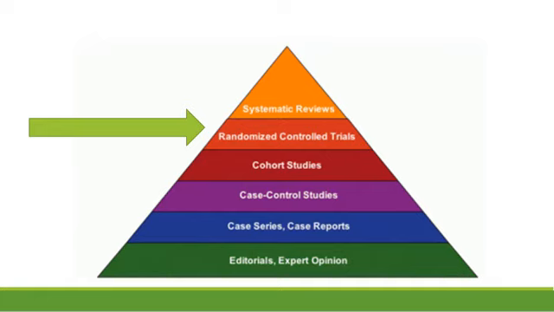Now, if you're looking at a particular topic that is primarily supported by randomized controlled trials, then I would encourage you to do a systematic review. If your topic idea is not as well developed, then maybe you would want to lean towards the scoping review.